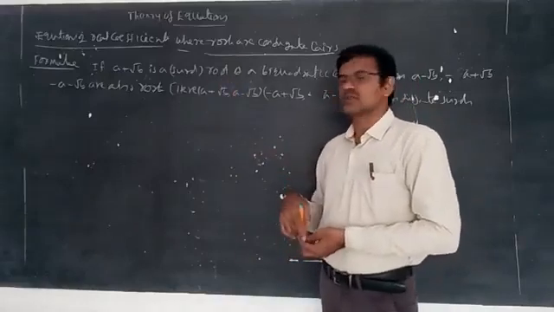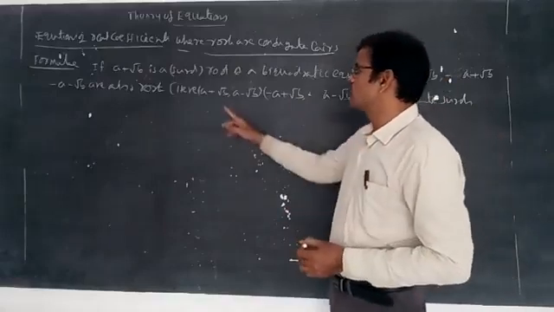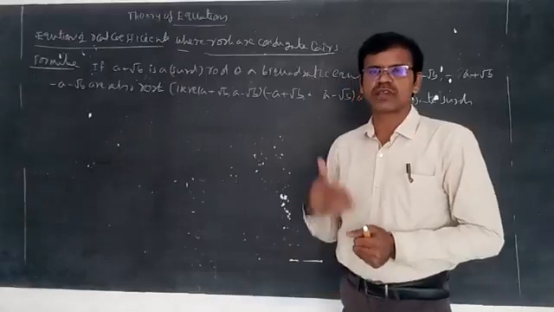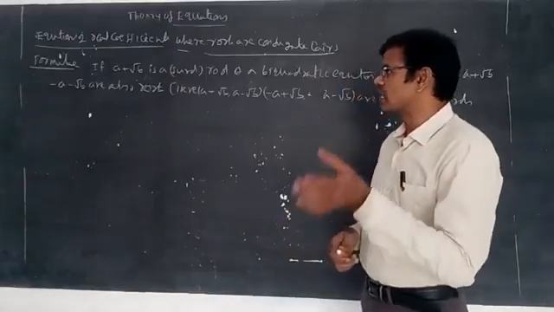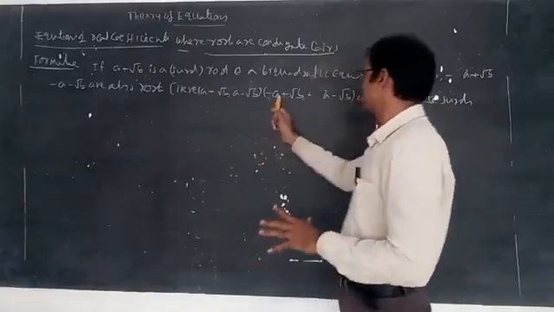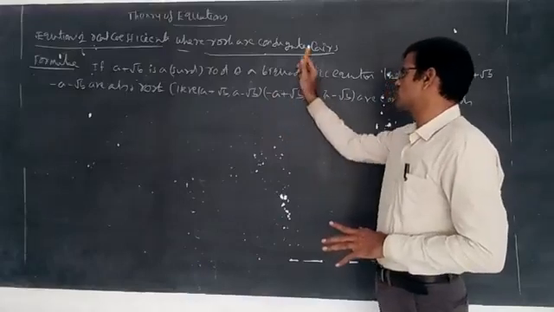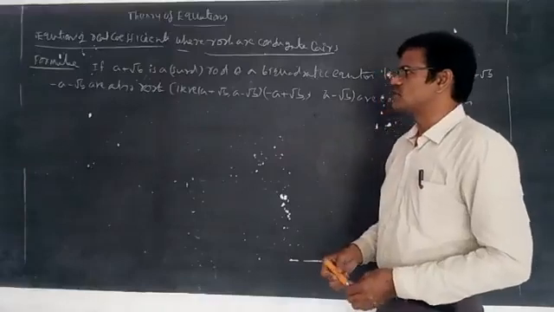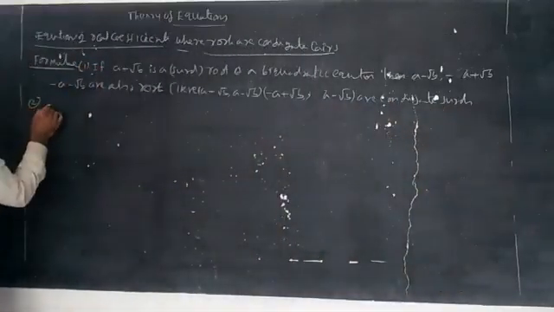In some cases, in x power 5, x power 6 cases, we can understand if 2 plus root 3 is a root, then 2 minus root 3, minus 2 plus root 3, minus 2 minus root 3 are roots. If he did not mention clearly, then you can understand 2 plus root 3, 2 minus root 3, that's all. If we are given minus 2 plus root 3, minus 2 minus root 3 only as roots, forget about this one. Like that, you can understand by solving the problems. This is formula 1. Next, formula 2.